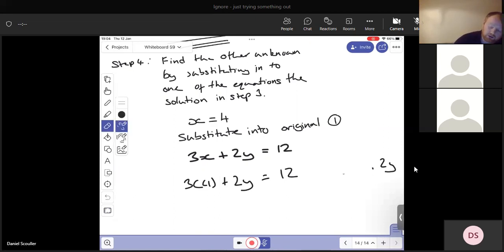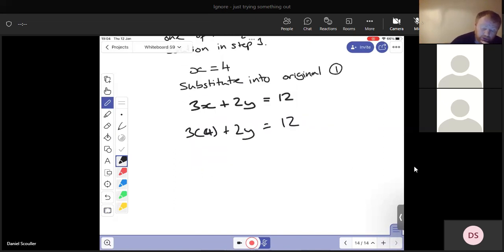You wouldn't lose any marks. I just like to keep it in a bracket. So 3 bracket 4 just means any term outside the bracket, I'm multiplying with the one inside the bracket. 3 times 4 is 12 plus 2y equals 12.